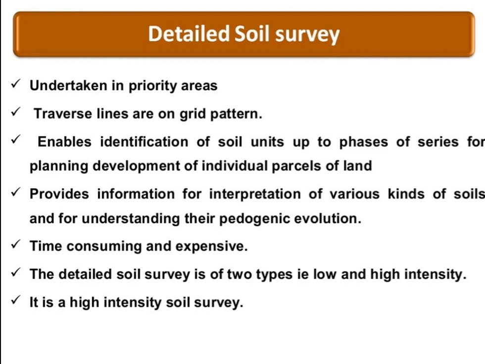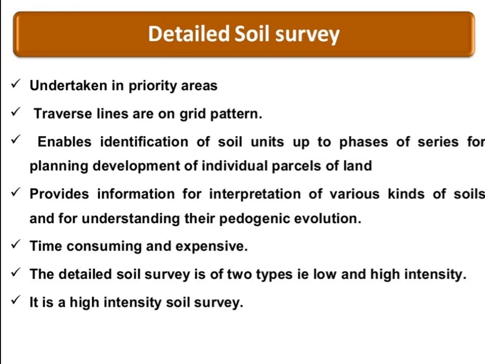The next method of soil survey is detailed soil survey. This type of survey is undertaken in priority areas such as pilot projects, agriculture research stations, micro watersheds, and in areas of urban development.